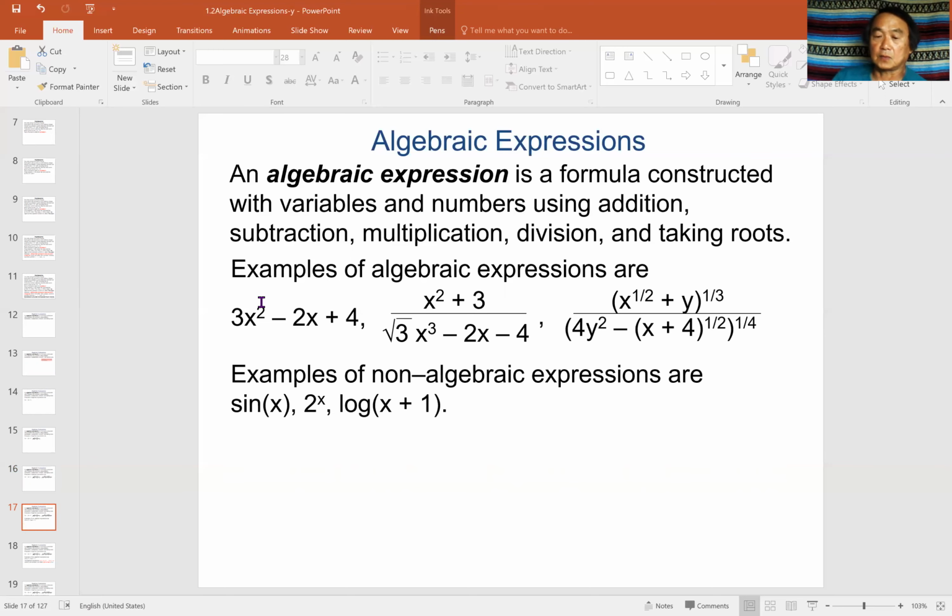What kind of formulas are not algebraic? Here, like log or sine of x. If you don't know what these are, that's fine, because we will talk about log, and sine of x is a concept of trigonometry.